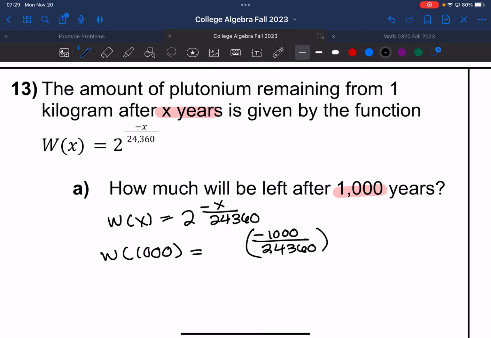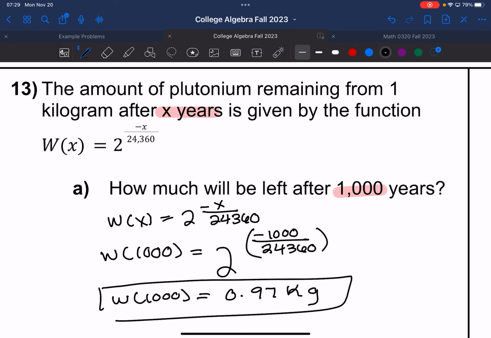Let me make this 2 a little bigger so you can see that's an exponent. When you type that into your calculator, you should get that W of 1,000 is equal to 0.97 kilograms. Did everyone get that? 0.97.